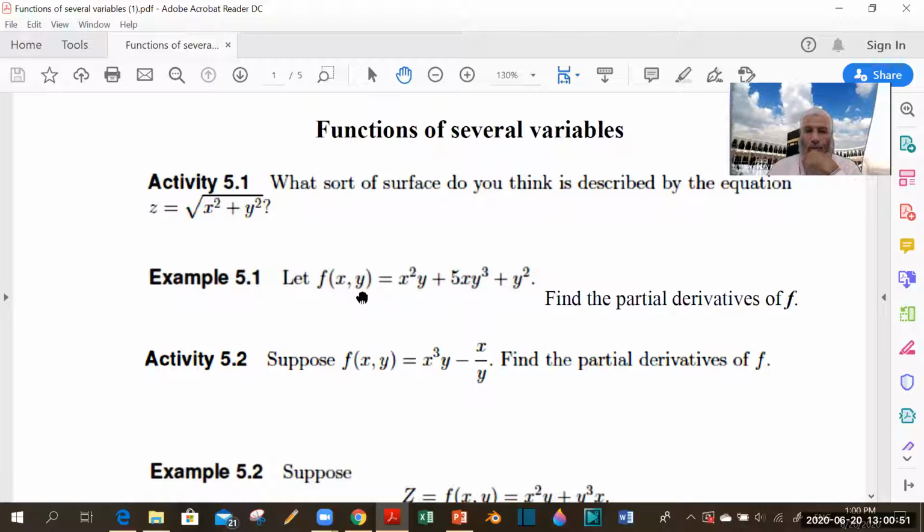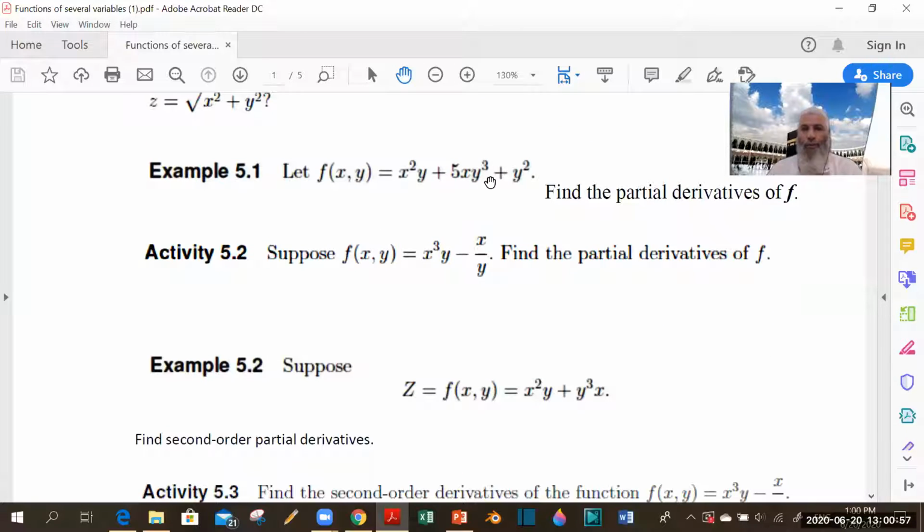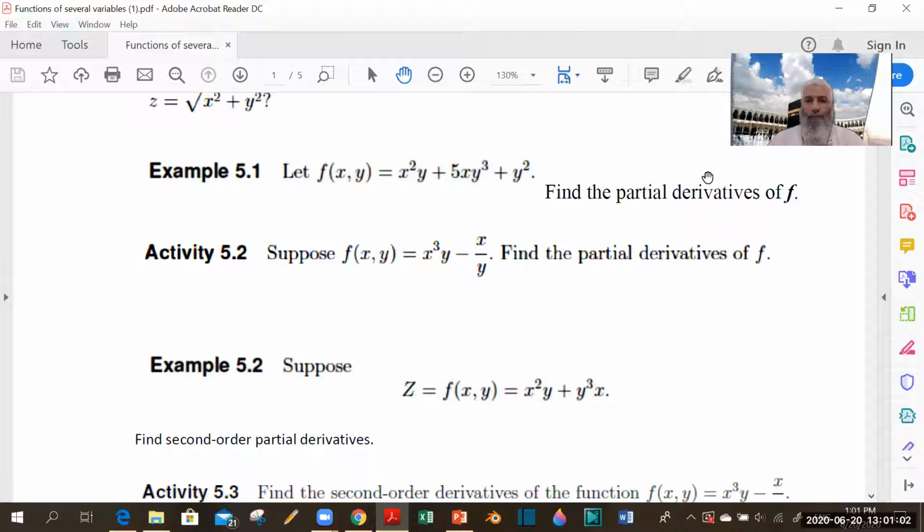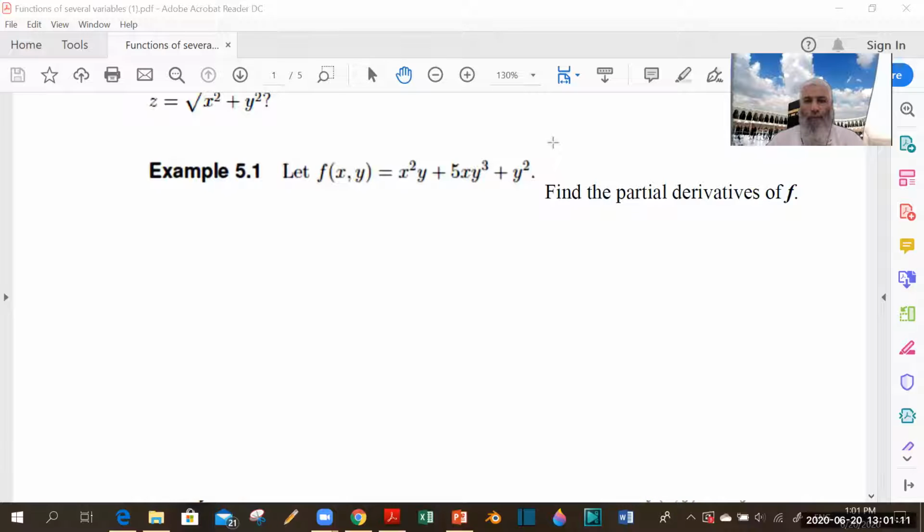Let f(x, y) equal x squared y plus 5xy cubed plus y squared. Find the partial derivatives of f. What is the partial derivative? It is df/dx and df/dy, right?